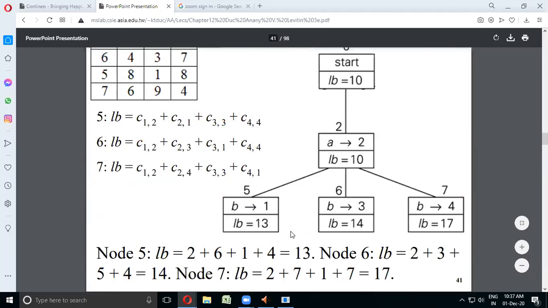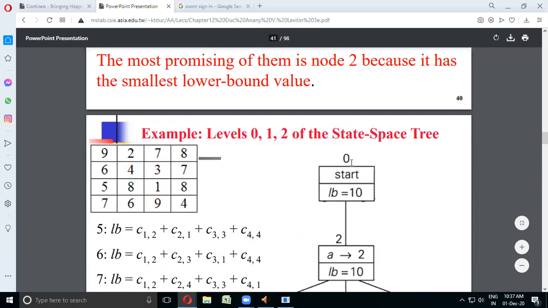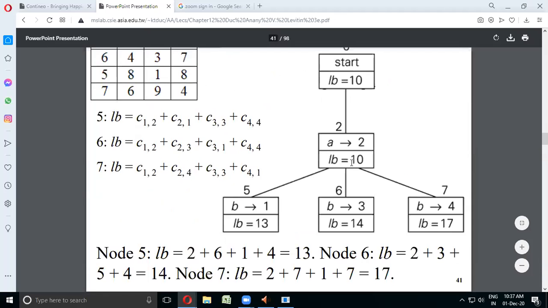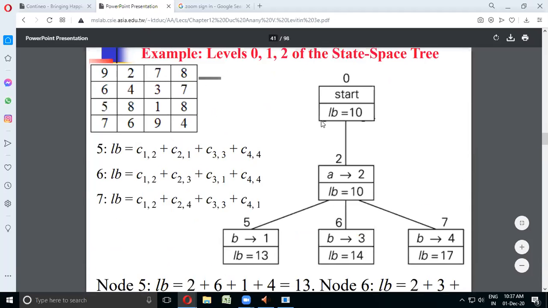Now listen. So my start value, this is your level 0. Let me make you understand. Now level 0 start, and the lower bound value I got as 10, picking up the smaller one. Now next level 1, I have got node 2, that is a equal to lower bound value 10.